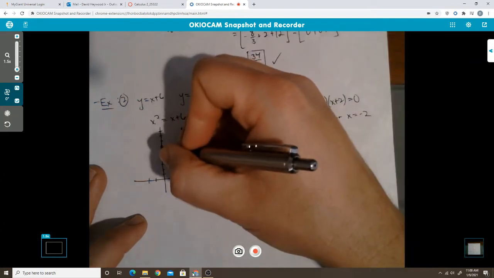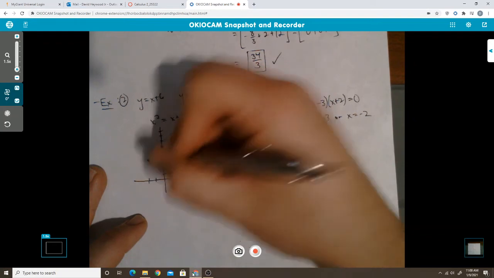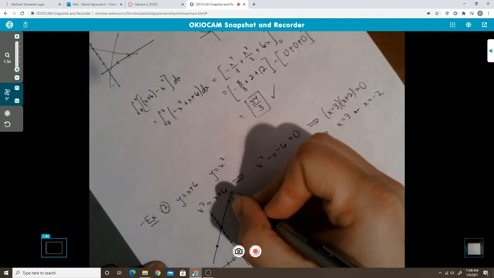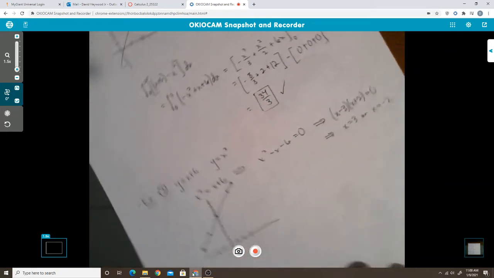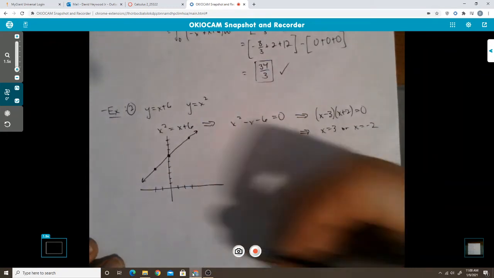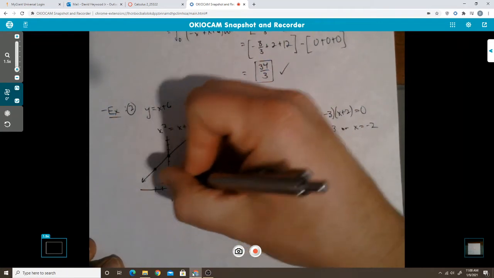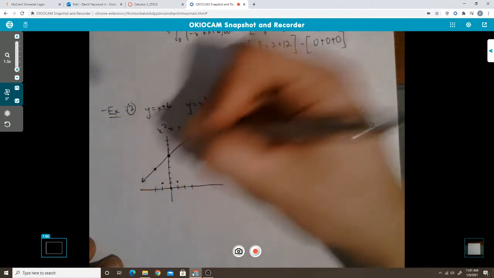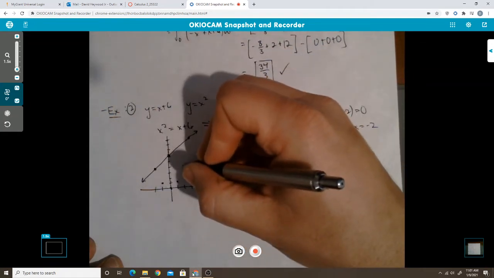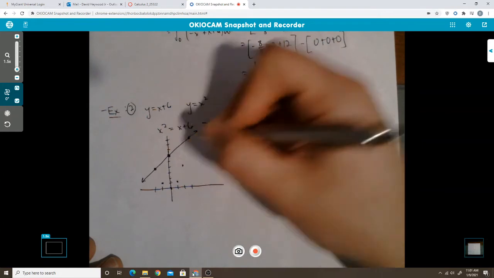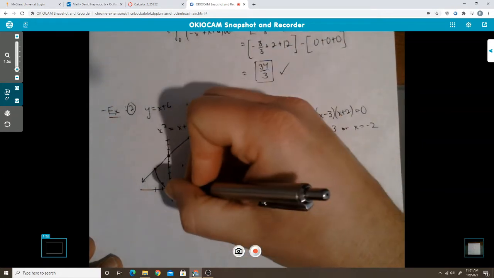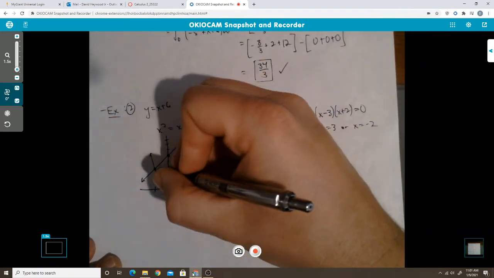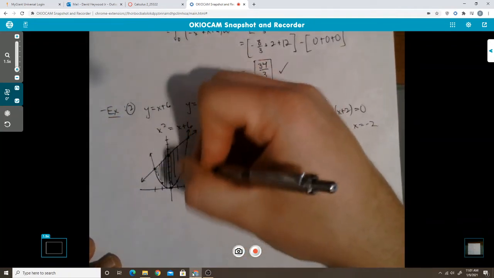For the line, you'd go down 2 and over 2. So there's our straight line. And as for the parabola, 0, 0, negative 1, 1, 1, 1, negative 2, 4, 1, 2, 3, 4. Oh, yep, sure enough, they cross right there. 2, 4, and then 3, 9, right? So this is the picture, and this is the area that we are wanting to find.